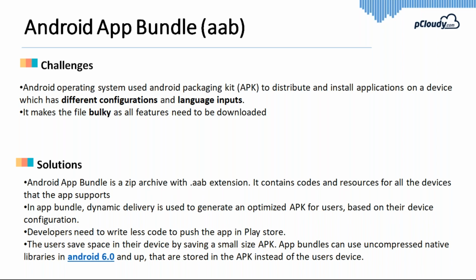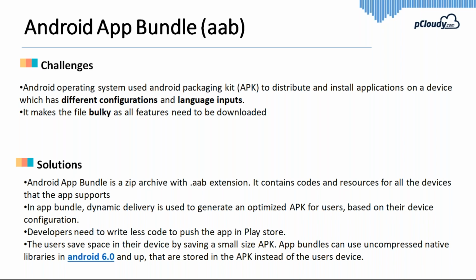All right, so in the app bundle, dynamic delivery generates an optimized APK for users based on the device configuration. What does this mean? If you're using an APK file, you have all the languages and all the device configurations.